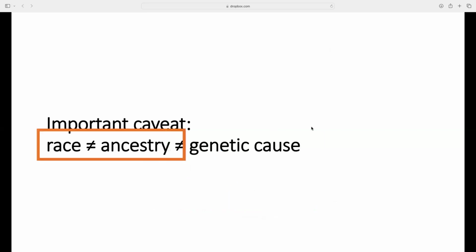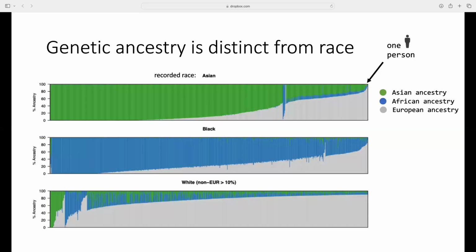And then coming back to the point that race and ancestry are correlated but distinct factors, when we break these individuals down by their recorded race in the health record, we see that individuals who are recorded as Asian actually have a cline of inferred Asian ancestry, including some components of African ancestry and European ancestry.